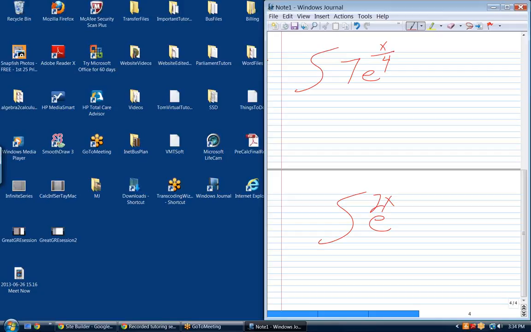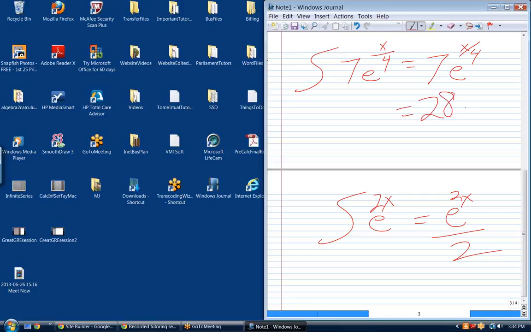E to the 2x divided by the derivative of the top. So it would be e to the 2x divided by 2. Okay, so this fits that category. So this is going to be 7e to the x over 4 divided by 1/4, or multiplied by 4.